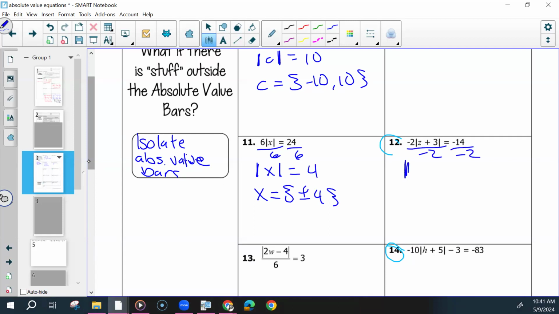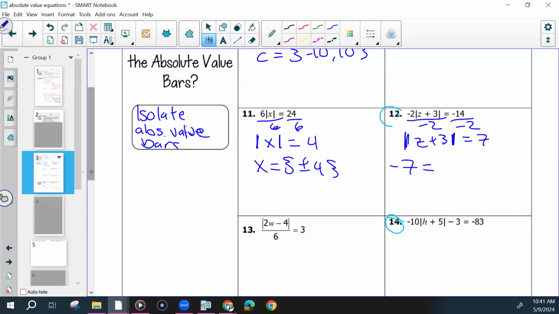Leave it in absolute value, the z plus 3. Then, now that it's isolated, you can drop the absolute value and set it equal to a positive and negative root. So it's just adding another step. And then to solve for z, we would... So our final answers would be -10 and +4.